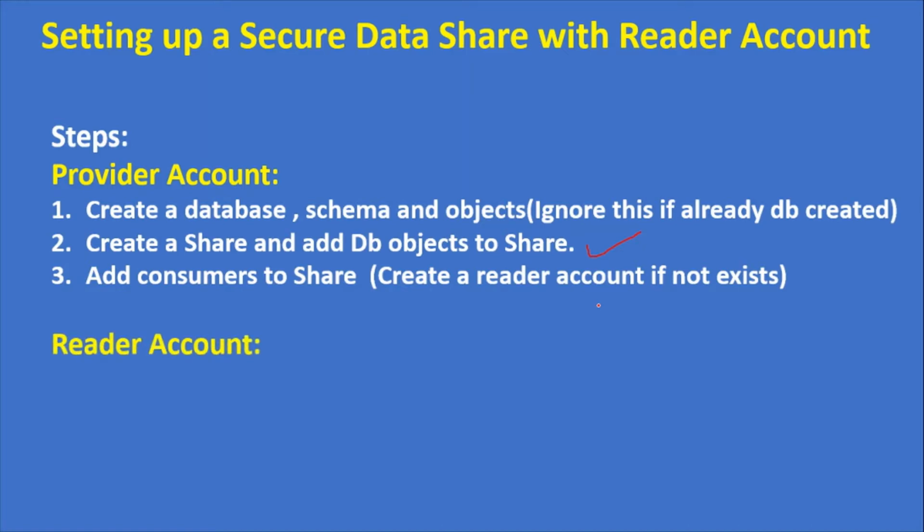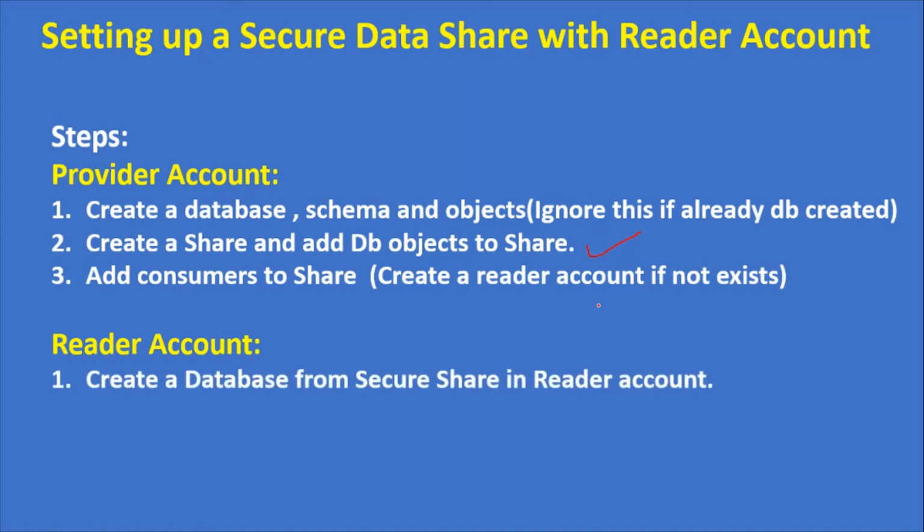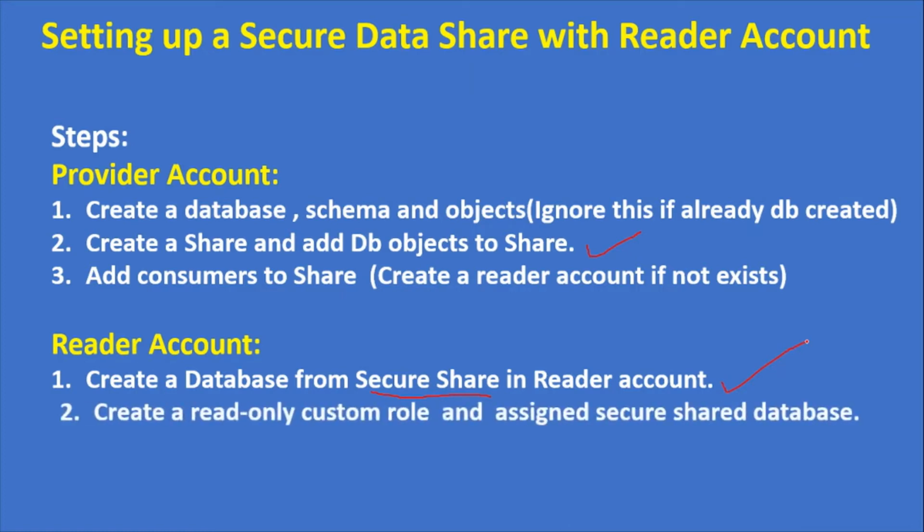Once the above three steps are done, you need to log in to the reader account. From there, you need to create a database from the secure share in the reader account. So the database you create is a shared database, not a normal database.